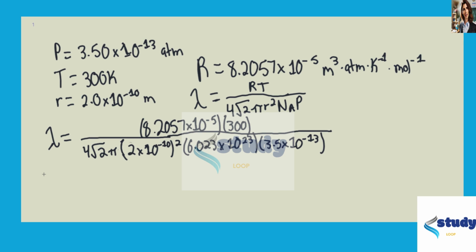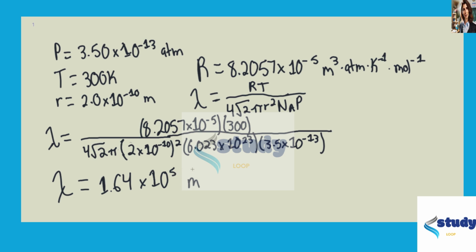Okay. And after you solve for this, it is going to be equal to 1.64 times 10 to the 5th meters. And this is really high.